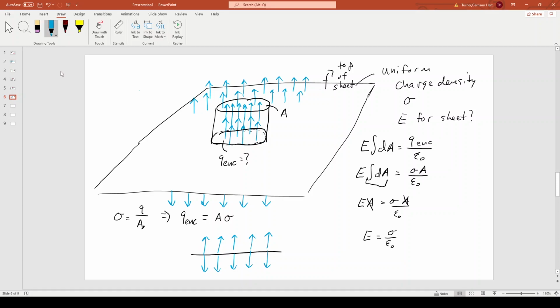And I would have my cylinders. One cylinder would be here, and the other cylinder would be here. And so they're both capturing the same amount of flux.